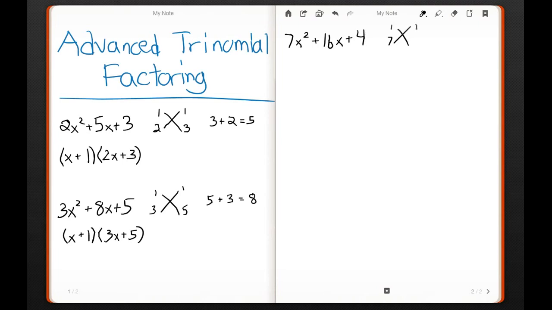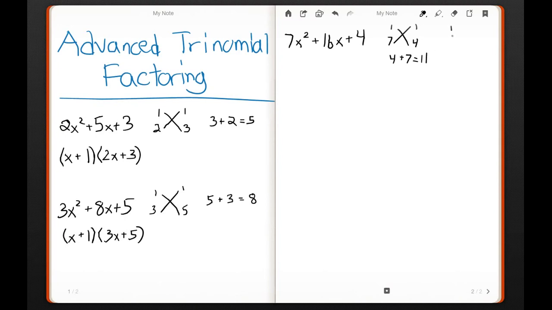First we'll try it with 1 and 4. In order to test if this is the right one, we multiply across the x's. 1 times 4 is 4. 7 times 1 is 7. We add them, we get 11. That is not 16, so this is incorrect.